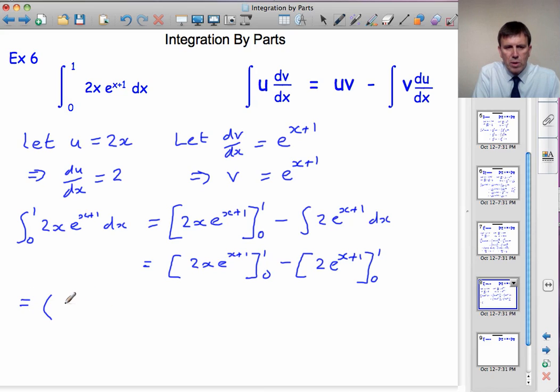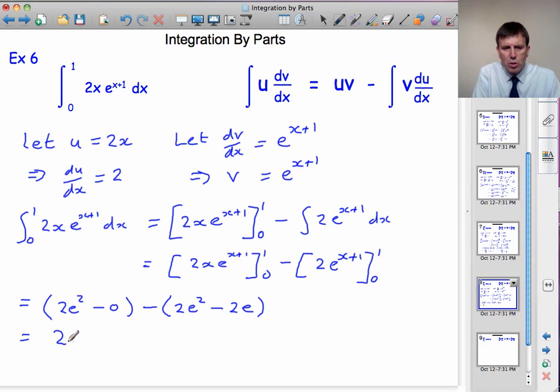So to start with, we get 2 times 1 times e to the 1 plus 1, so that's 2e squared, minus, well, the 0, when it comes in for the x, will force that whole term to 0. Minus this second bracket evaluated, which will be 2e to the 1 plus 1, which is 2e squared, minus, put in the naught, and we get 2e to the 1, so that's 2e.